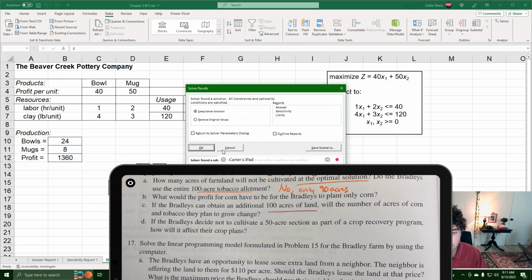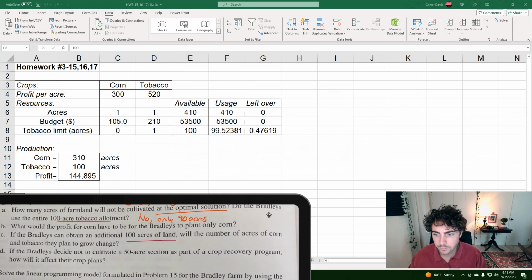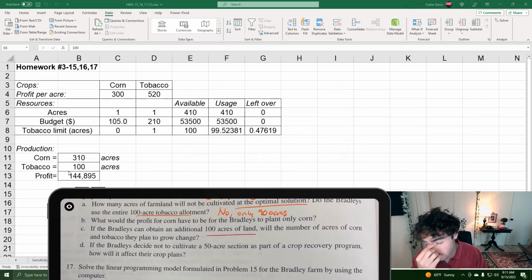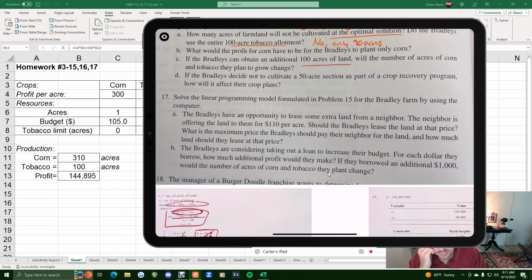Hit solve, hit OK. We get 310 and 144. That was greater than the original, which was like 142. So yes, the number of acres of tobacco would definitely change. You'd be using all the tobacco acres and 310 of the corn.